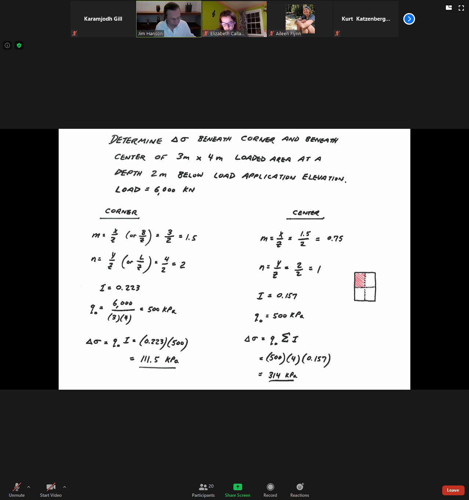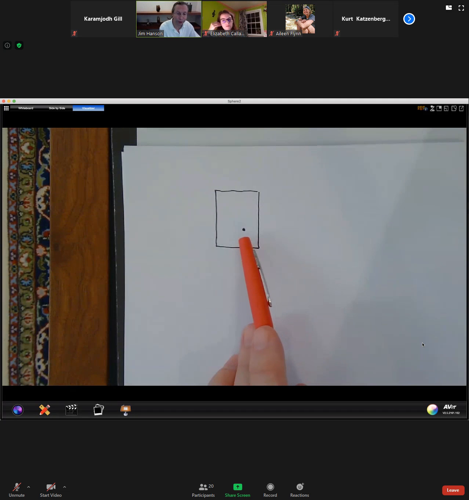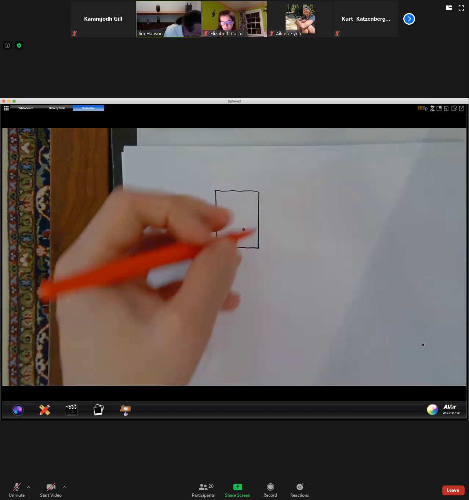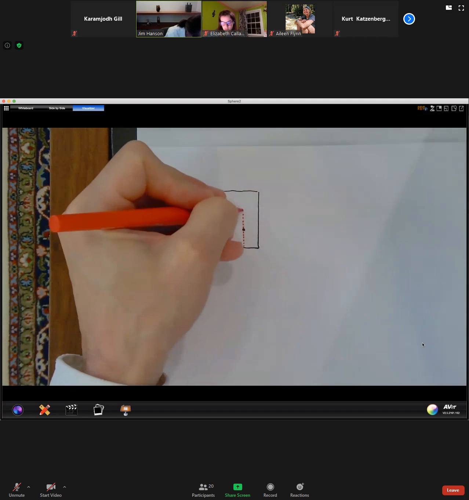In this case, if we're looking down in plan view, and you would be interested in what is the stress distribution or what is the stress change beneath at that point, it would be a matter of a similar kind of logic.